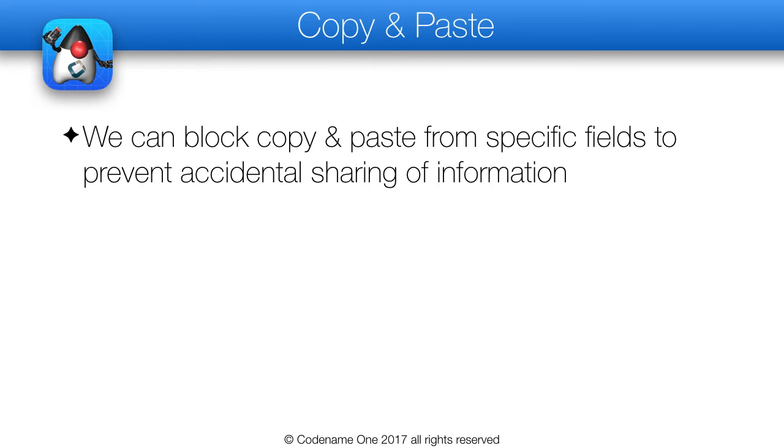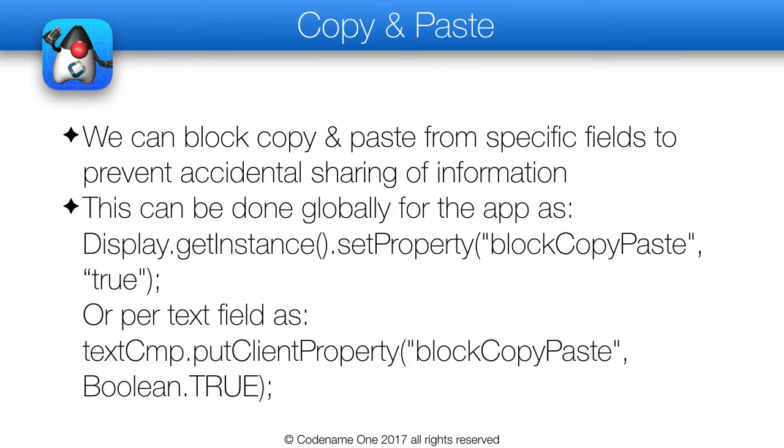That's why copying from password fields is always disabled, but you might want to block some other fields that contain proprietary information. You can block copy and paste for the entire app, which might be a bit much for most applications. Alternatively, you can block copy and paste on a specific field using a client property on that field.